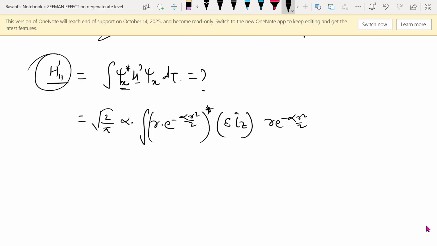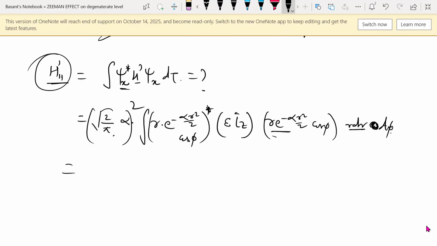and here this is equal to cos phi, and this is also cos phi, and d tau is r dr d phi. So by separating this integration into two forms, the radial form and the angular form, we get the square of this, because normalization also gives this same term.